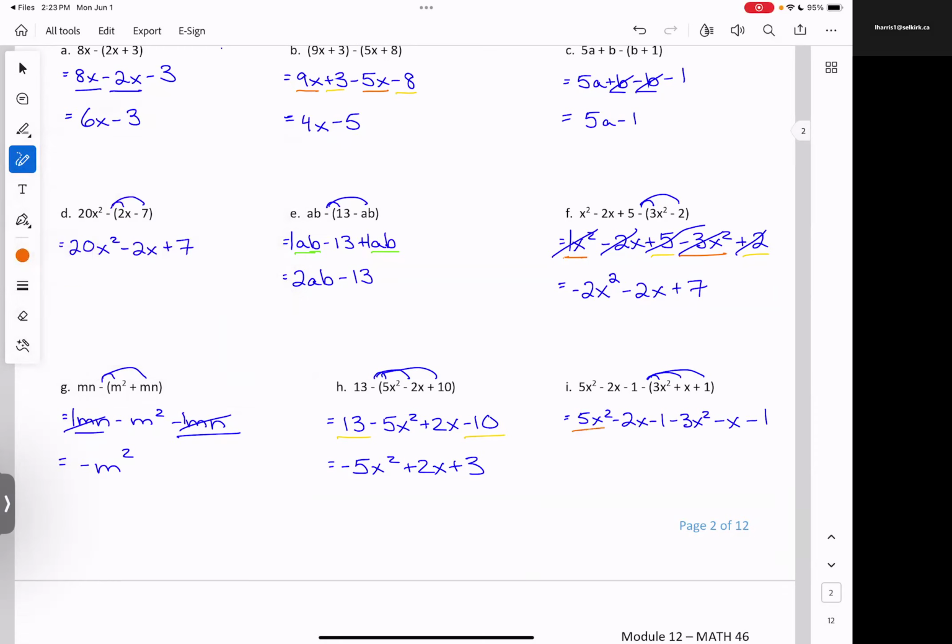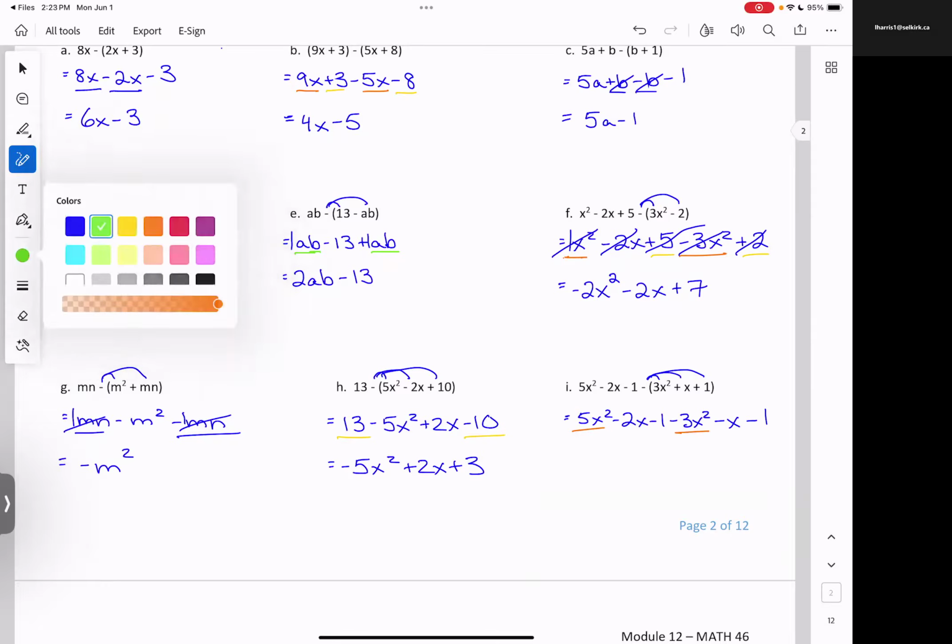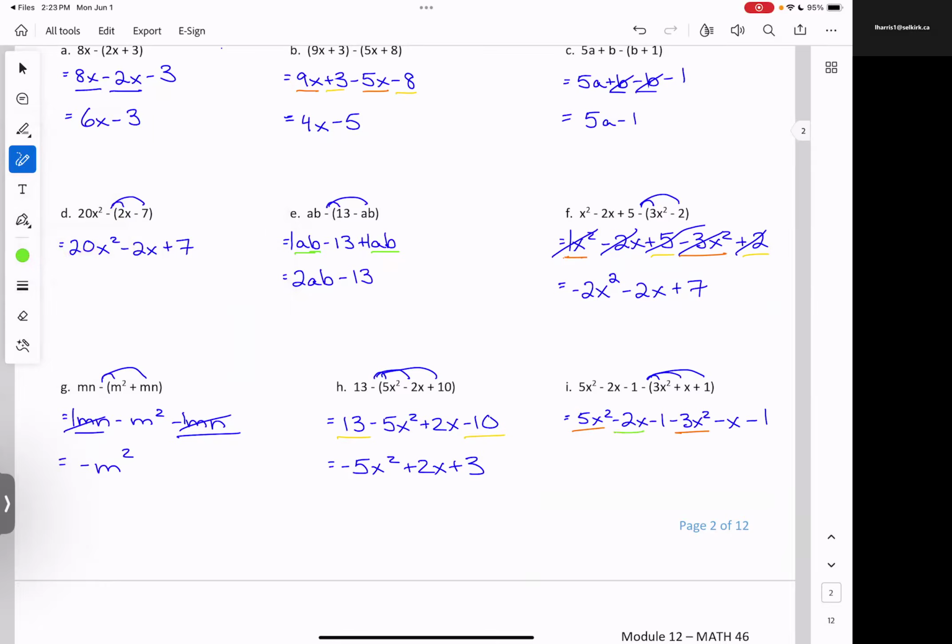So we've got two x squared terms, and then two terms with x's, and then two terms which are just constants. So those can all be combined. And so I get 2x squared once I deal with those two orange terms. And then minus 2x minus another 1x gives me minus 3x, and then minus 2.